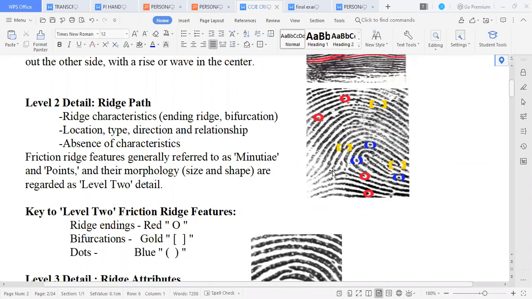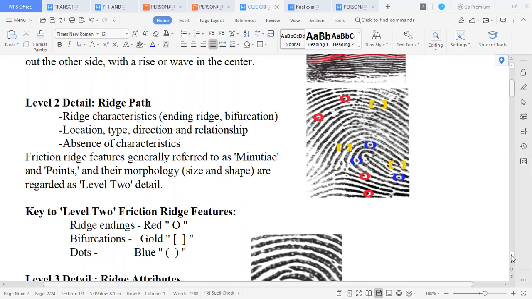If you see the same characteristics in a question print, with the same location as in the standard, then you have a basis that these prints are the same. If you identify 10 ridge characteristics in the question, make sure that you also identify 10 characteristics in the standard, and that you give emphasis on their location and the type of characteristics.